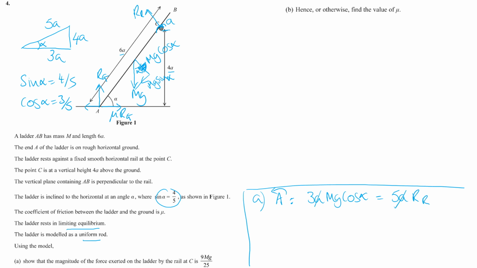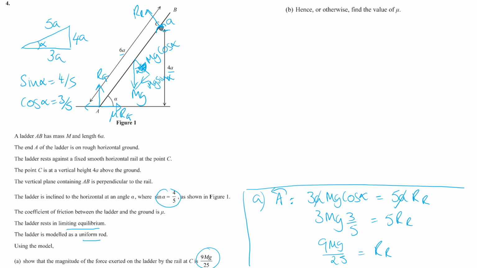Now we can cancel by a and feed in that we know that cos alpha is 3/5, and then all we need to do is tidy up and cross multiply. 9 mg over 25 is equal to the reaction at the rail, which is what we're trying to find in part A.